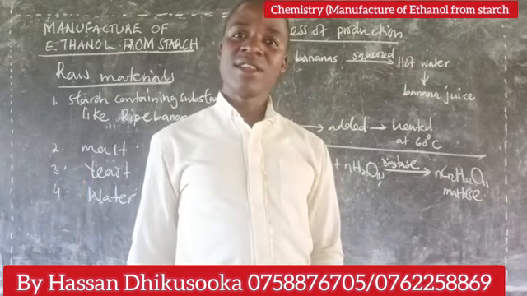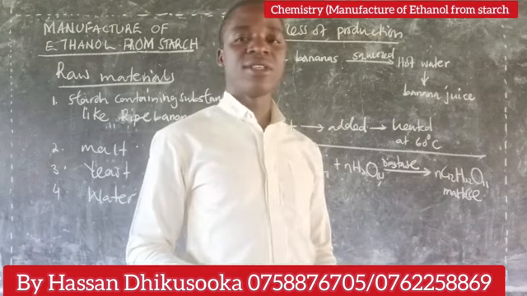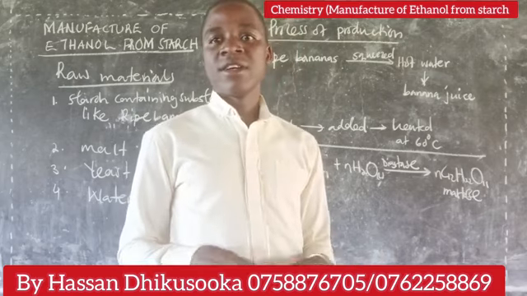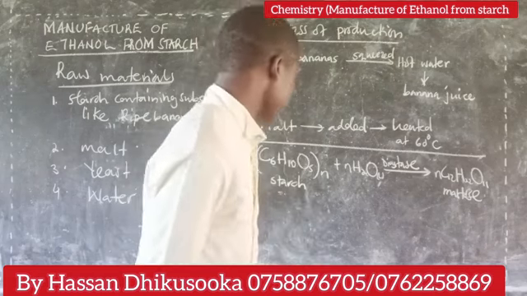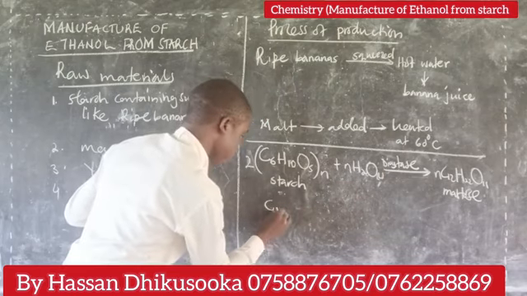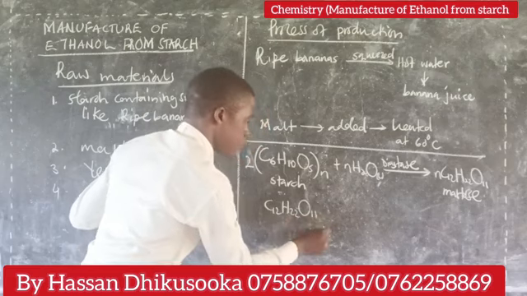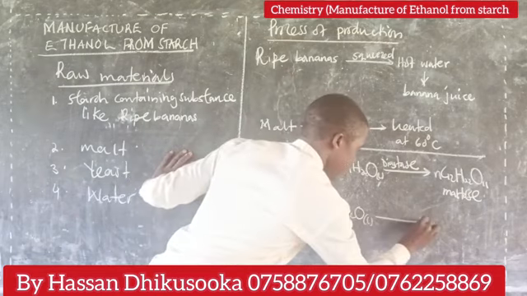But yeast contains enzymes such as maltase and zymase. So at first, maltase does its work. What does it do? It catalyzes. We have maltose that we have formed. This one undergoes hydrolysis.